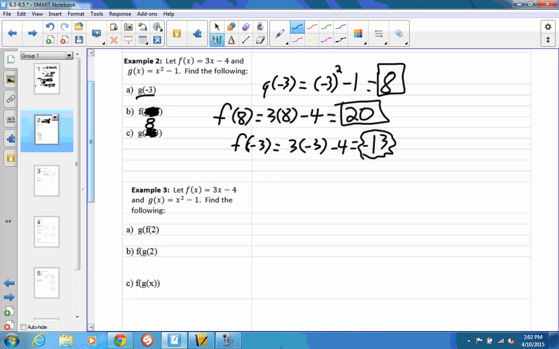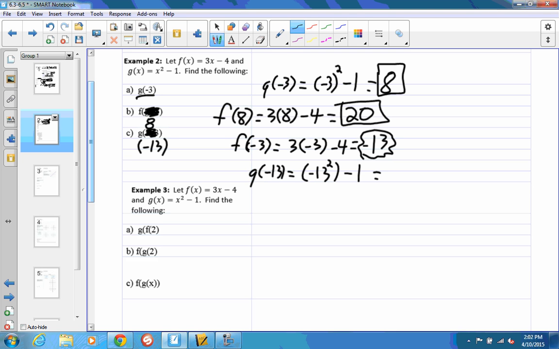I just heard one person get the right answer, so clearly we need to work on this, guys. Listen up. This is asking me to find g of negative 13. What's g? Negative 13 squared, minus 1.